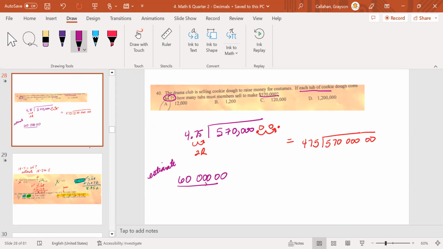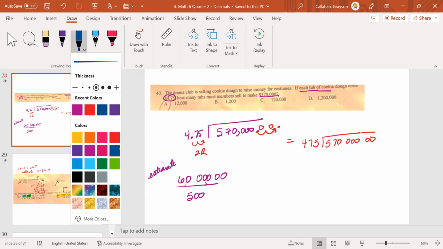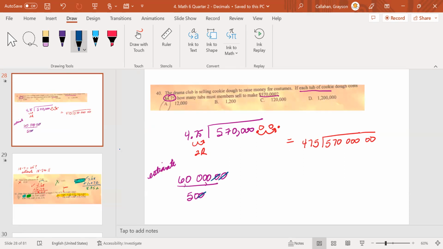So that'll just be 6 million, right? And if I round the 475 to that, let's cancel zeros. Cancel, cancel, cancel, cancel, right? Well, then 5 goes into 6 how many times? 1 time. And then you're going to end up with 1, 2, 3, 4 zeros. So that's 10,000, right?